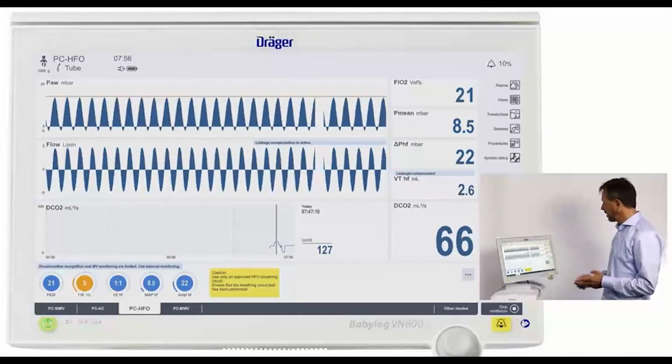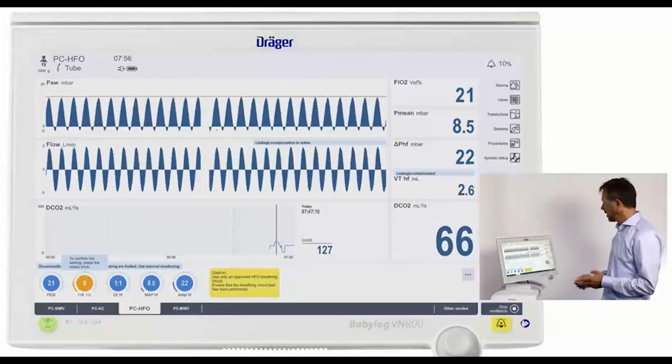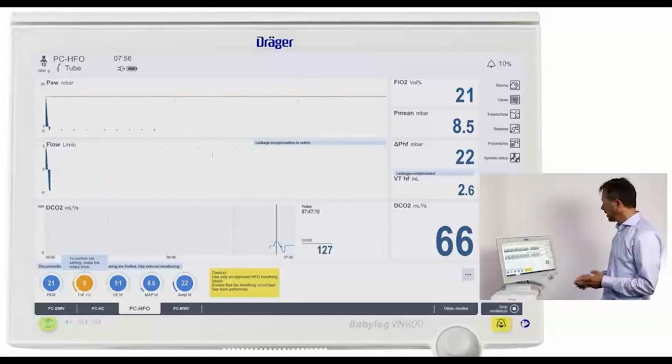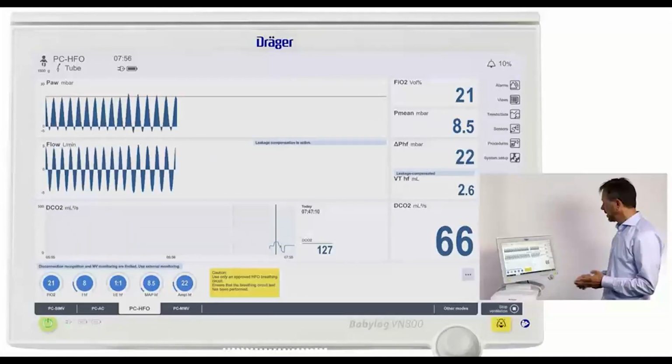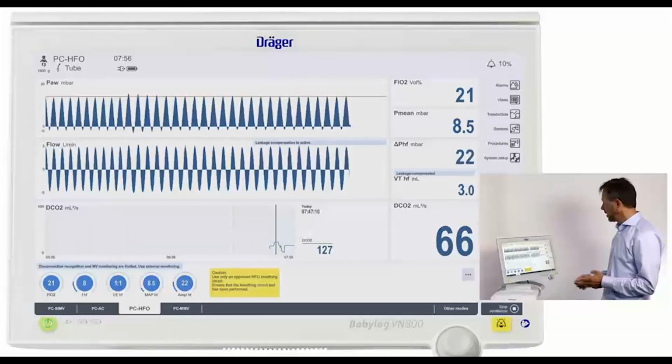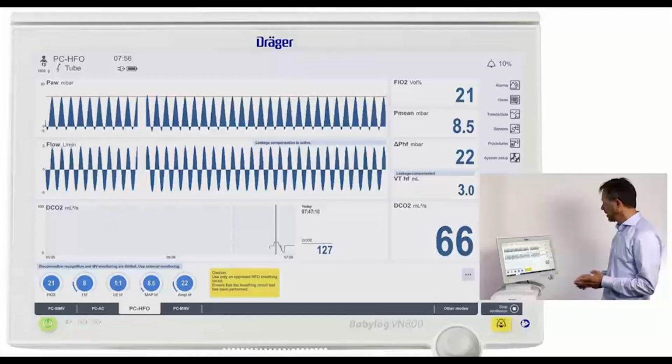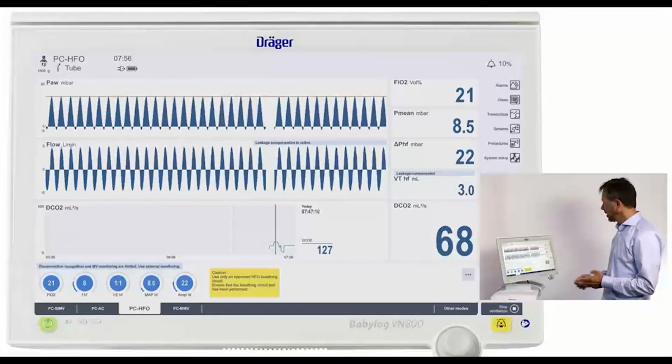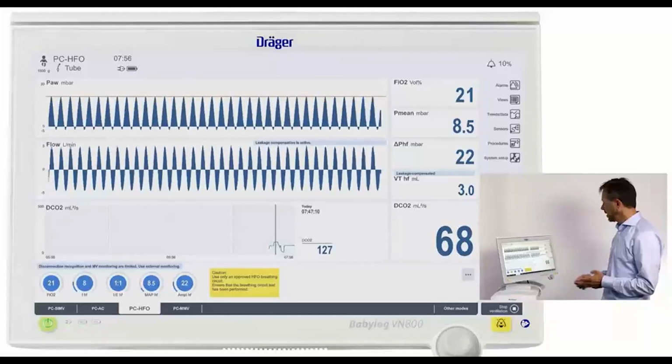If I go down from 9 to 8, I go from 2.6 to 3 milliliters. So this is 1 hertz, but it's giving us 0.4 milliliters more of tidal volume. So this is quite a big impact.